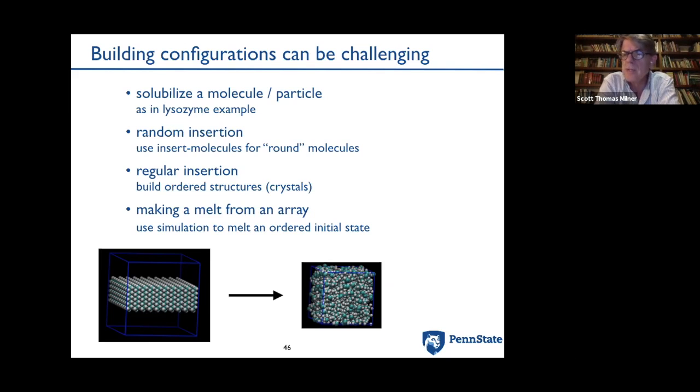In other words, so that the simulation potential gets to choose what it thinks the density should be, which maybe won't exactly be quite what nature knows that the density is supposed to be. So that's a common technique that we use for building a disordered liquid of long molecules that would be hard to create by random insertion.